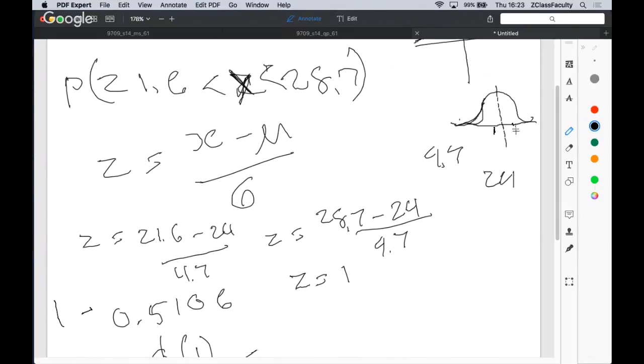So what are we trying to calculate? We're trying to find the distance between these two, right? Is it a distance? What does the question ask you? The probability. Find the probability of the petrol consumption of a randomly chosen car of this type, between those two numbers.